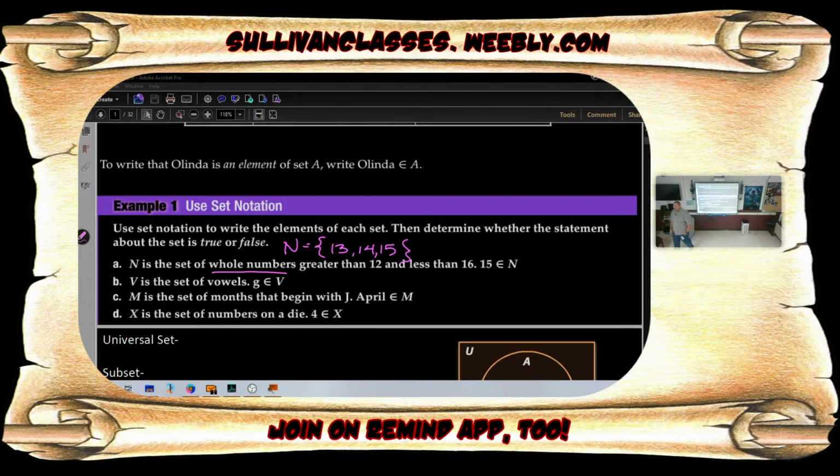Do we remember our different number sets, our universes, our realms of sets? If it said whole numbers less than 16 point something, 16 would qualify because it's a whole number less than that. Yes, that's a good question. Then I ask, is 15 an element of n? Yeah, so I'll just say true.